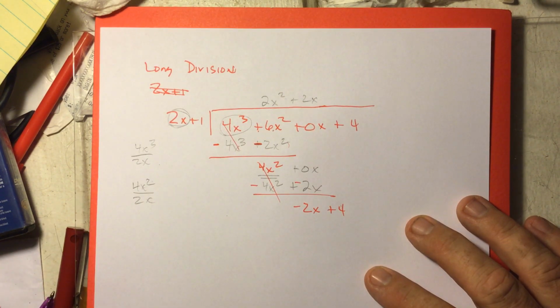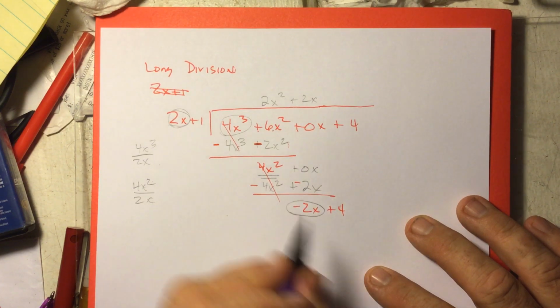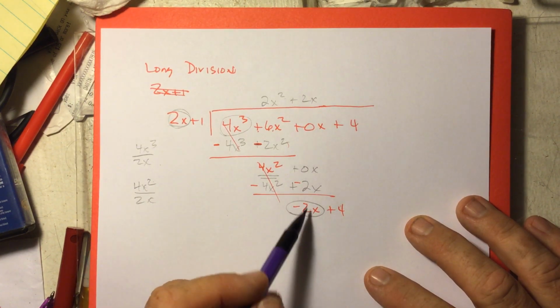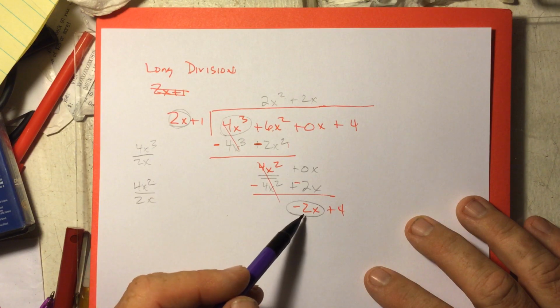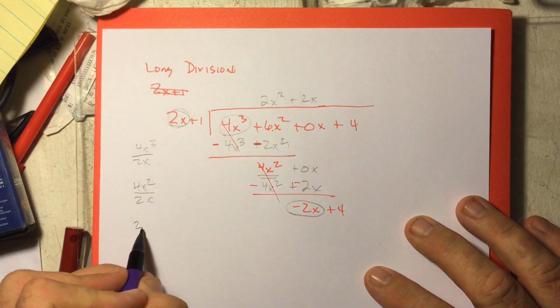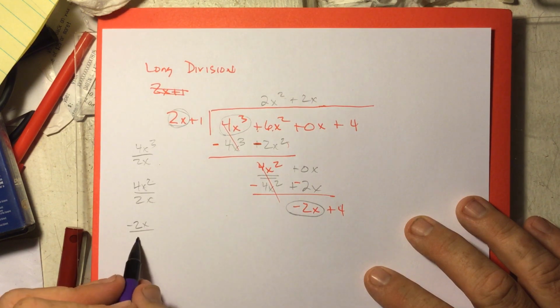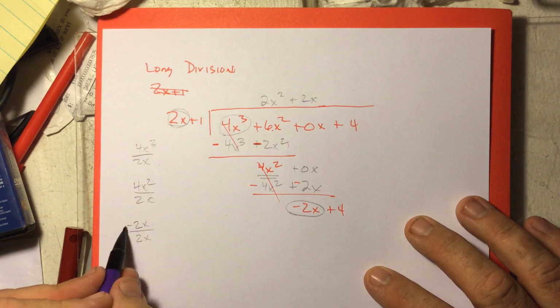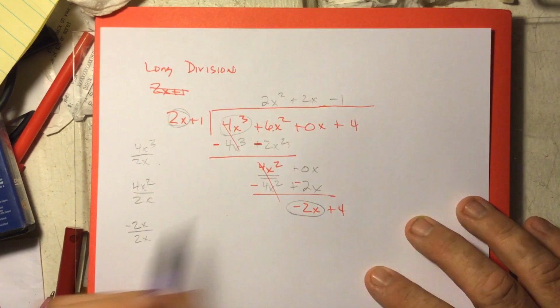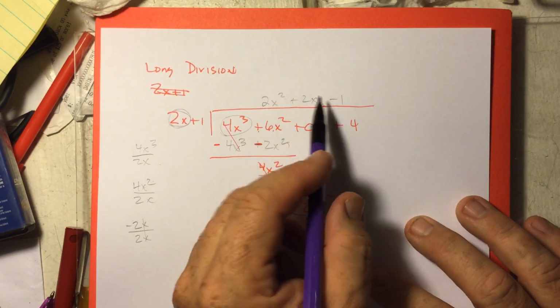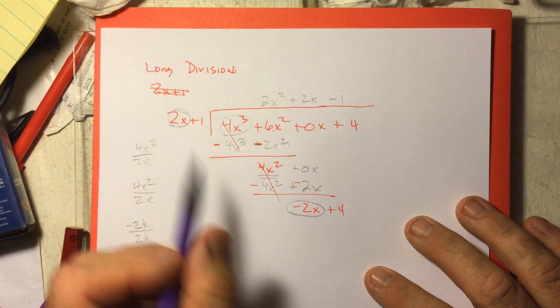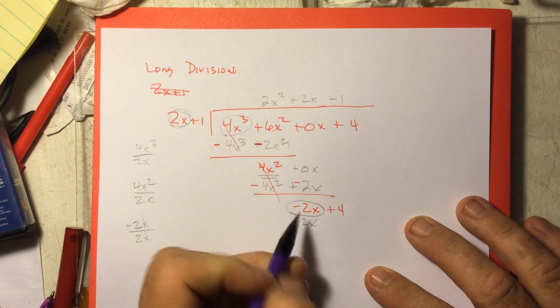So now I have another new first term, which is this guy right there. So that new first term gets divided by, don't forget to keep the sign that comes with it, it's going to be negative 1, and the x's cancel. So negative 1 times 2x is negative 2x.